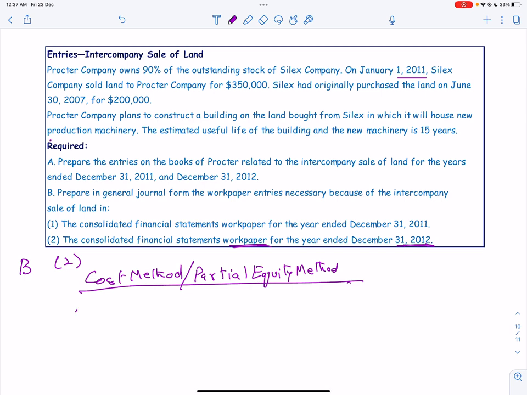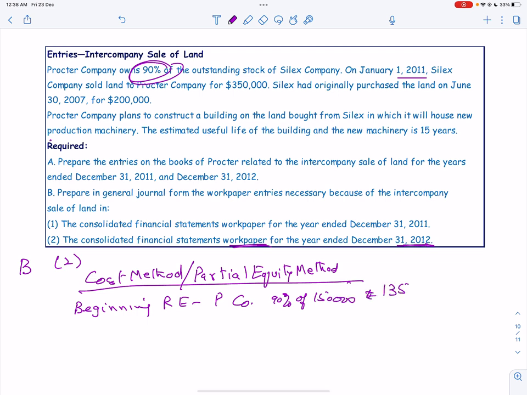So gain on sale of land will be substituted by beginning retained earning, and this is going to be for the parent company. You see they have acquired 90%, so 90% of total gain of 150,000 is equal to 135,000.